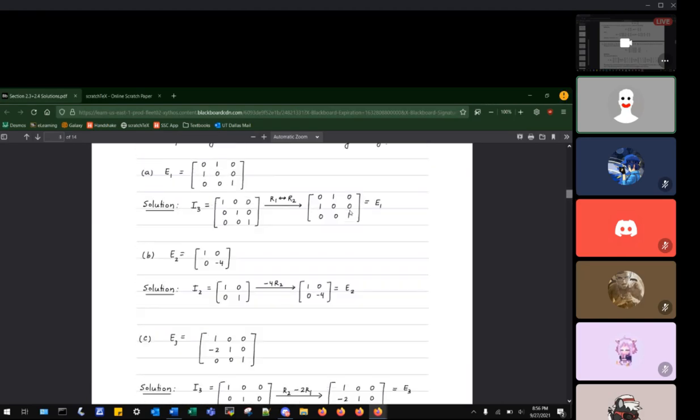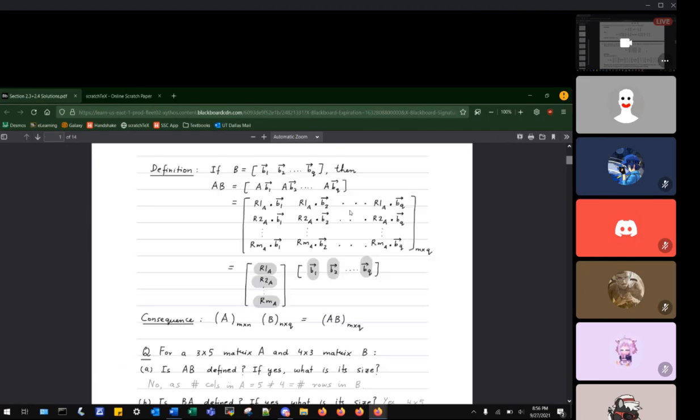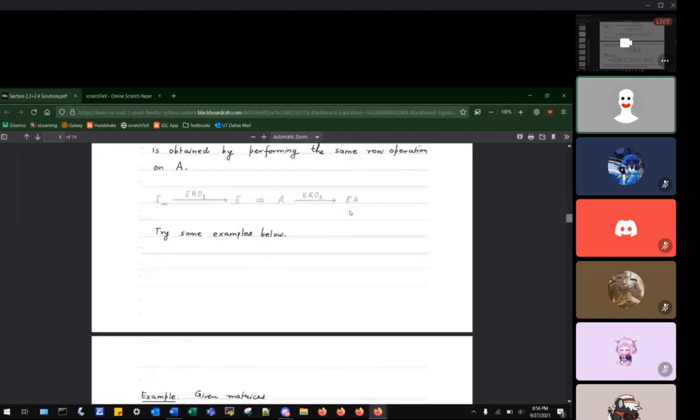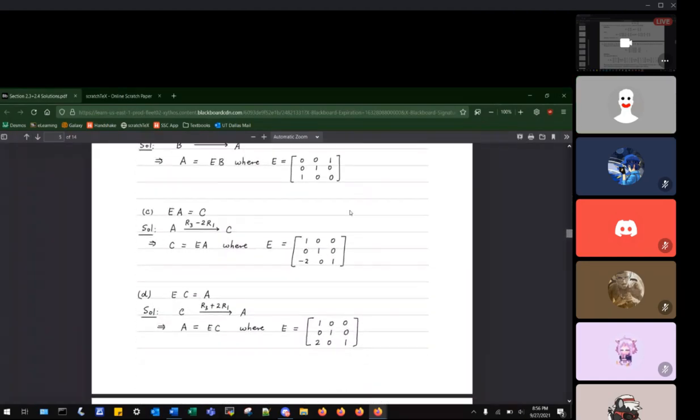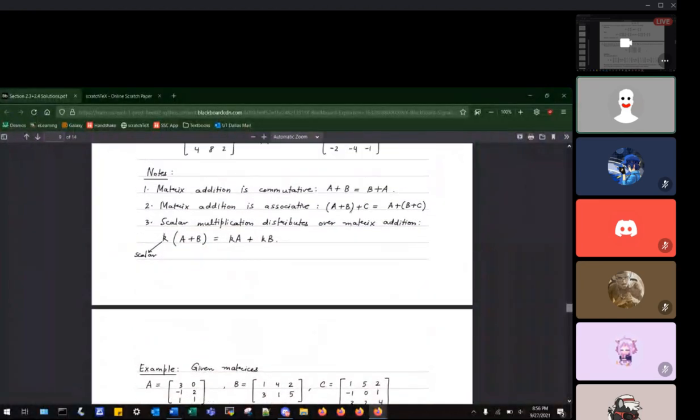I'm trying to see if they actually cover that. No, okay. So yeah, addition is commutative. Addition is also associative.